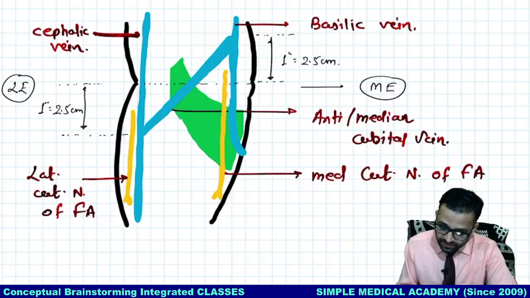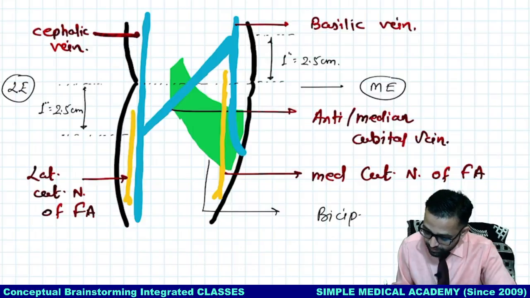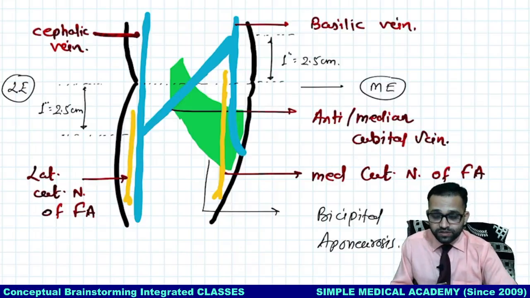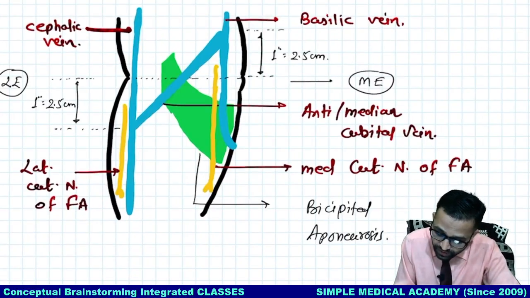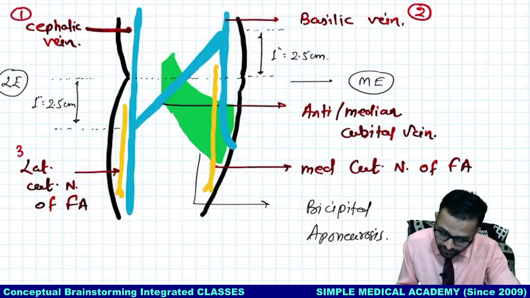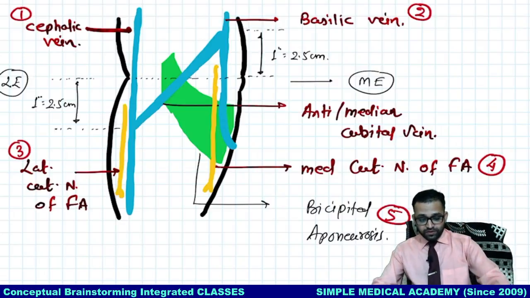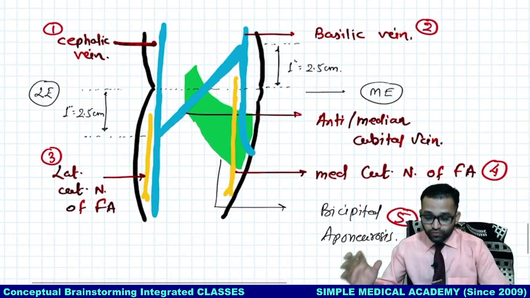So this is another structure situated at the roof, that is the bicipital aponeurosis. In general anatomy and our biceps video we have seen it. So what are the different structures at the roof? You can count 1, 2, 3, 4, okay, and the 5. Getting the point? So these are the different points about the roof.